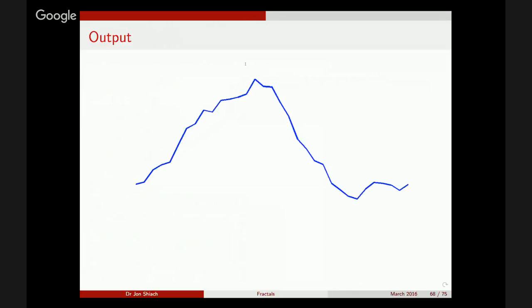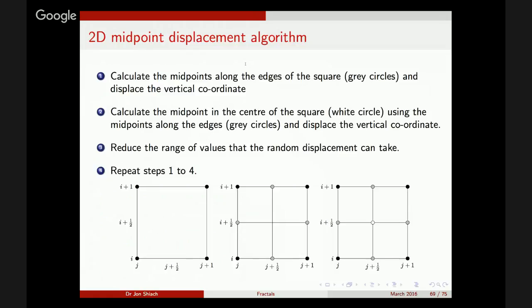Here we go. Imagine that, but now we're going to go for 2D. The concept is exactly the same. Calculate midpoints, calculate the random number R, move your midpoints up and down.